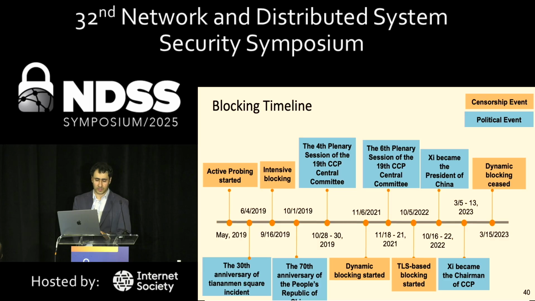This shows the timelines of blocking of 2 censorship events. The yellow boxes are censorship events, and the blue ones are major political events in China. And you can see that almost always, whenever something new happens by the censors, it's very close to a major political event in China.